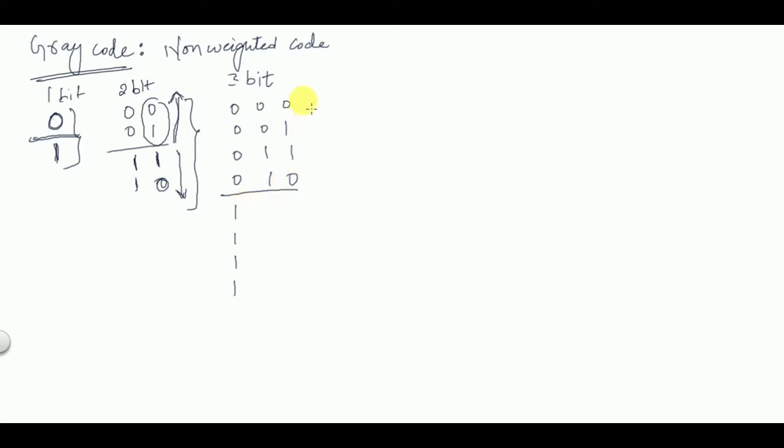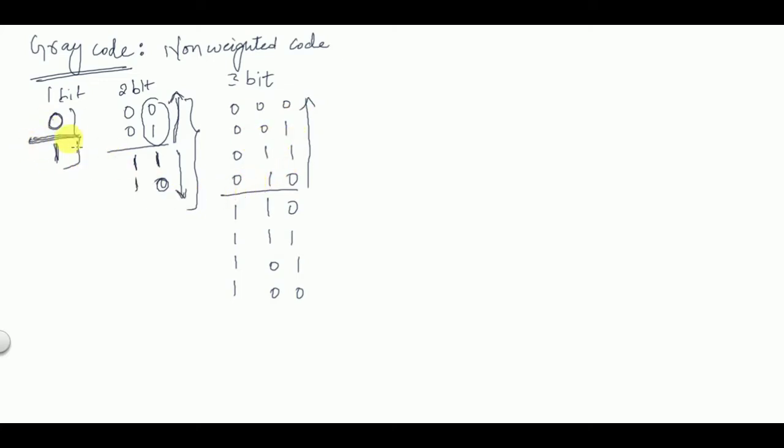And for the rest you write the mirror image of this, so 1 0, 1 1, 0 1 and 0 0. This is how we can write the 3-bit gray code.